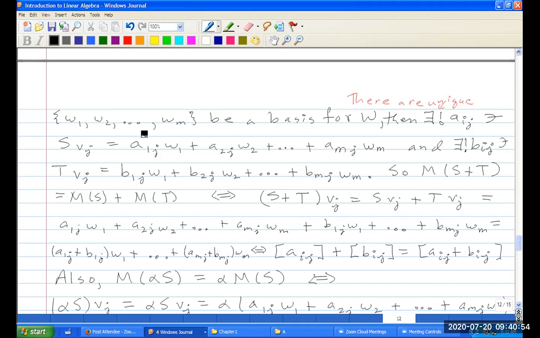And so to add these, we have to do this. And so we are led to saying the way that you add two matrices is you just add their entries.